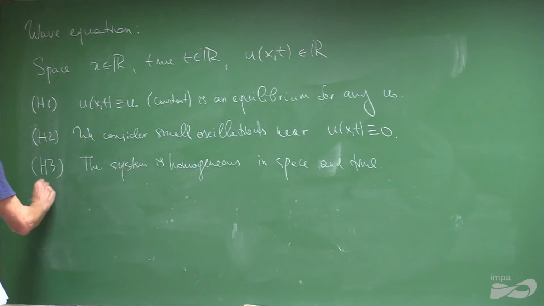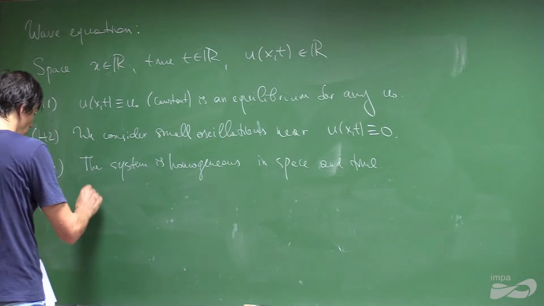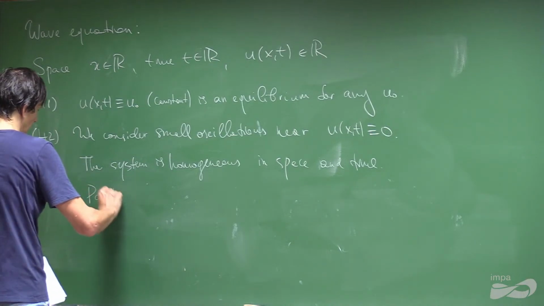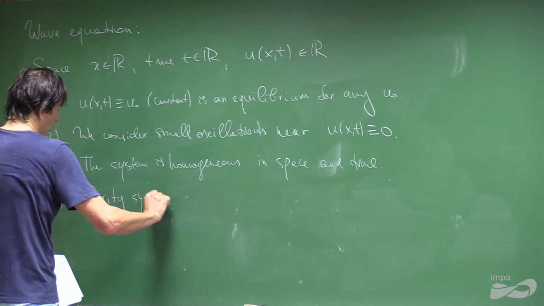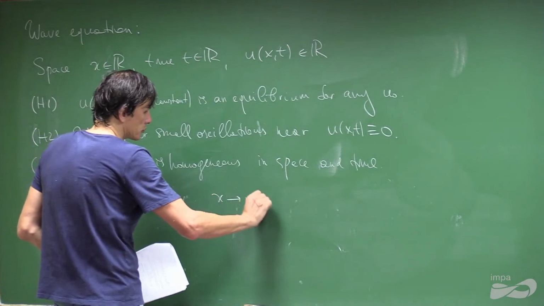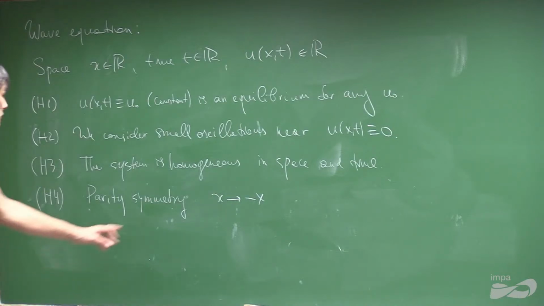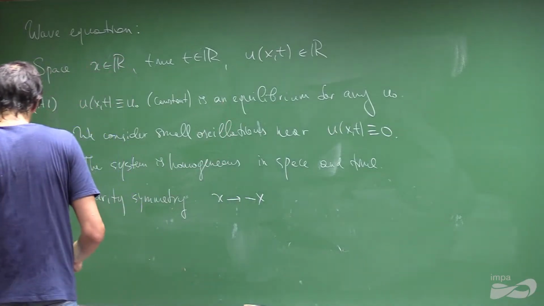Then there are 2 hypotheses that we never used, but they were a part of the symmetry groups that we considered from the very beginning. One hypothesis is parity symmetry. Parity is when you change x to minus x, so you reflect the axis. Essentially, in 3 dimensions, this is when you reflect the left hand to the right hand. It's assumed that this is a symmetry of the system, so the system will not change.